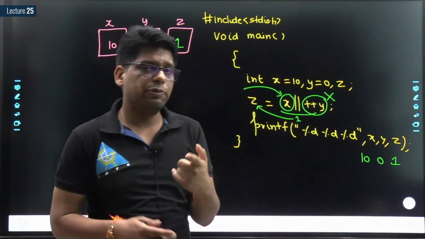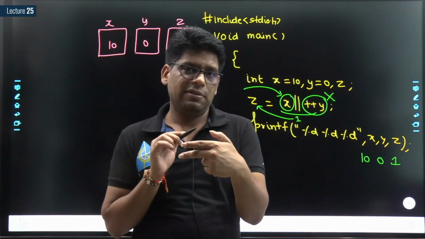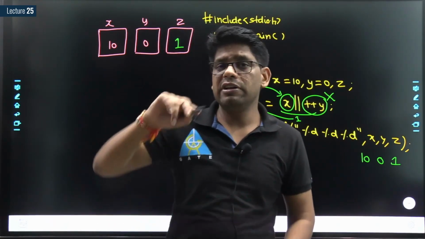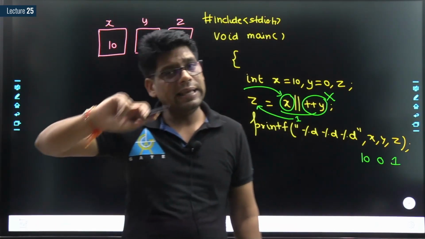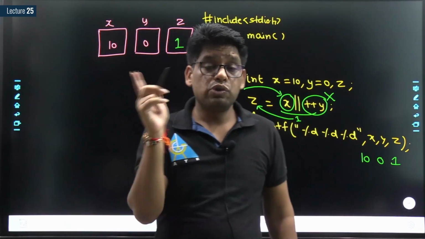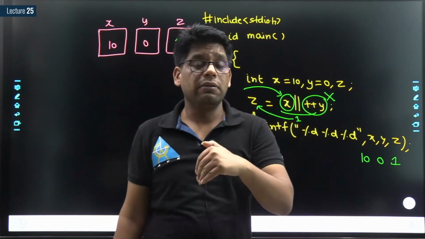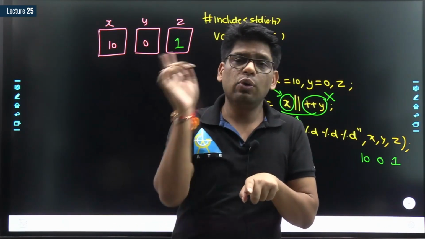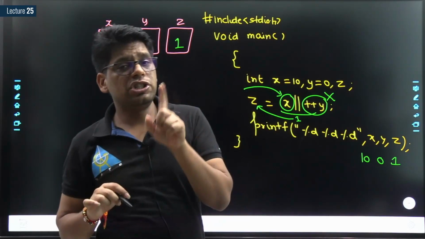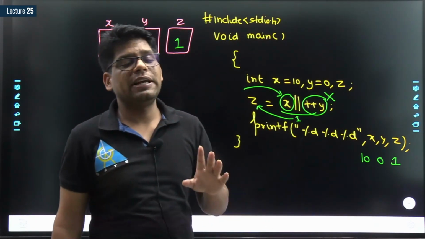First, we have the concept of pre and post. Always try to divide it into two parts. If it is pre-increment, first increase it, then use it. If it is post-increment, first use it, then increase it. Then short circuit, what does short circuit say? If it is logical AND and the first operand is 0, then don't go to the second operand. If it is logical OR and the first operand is non-zero, then don't go to the second operand.